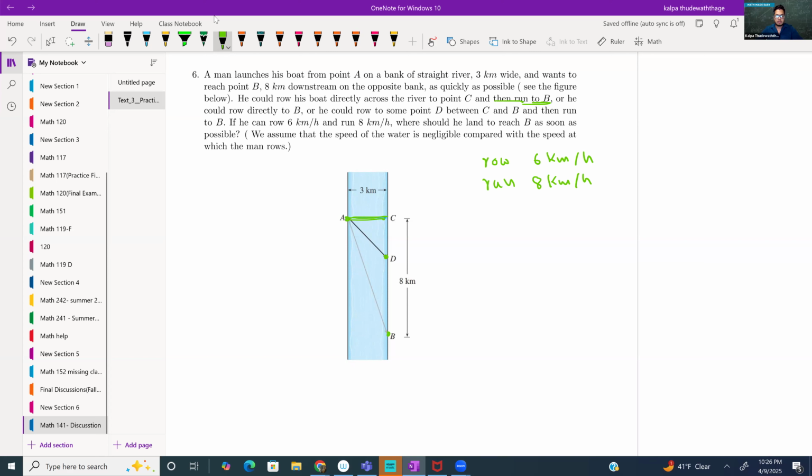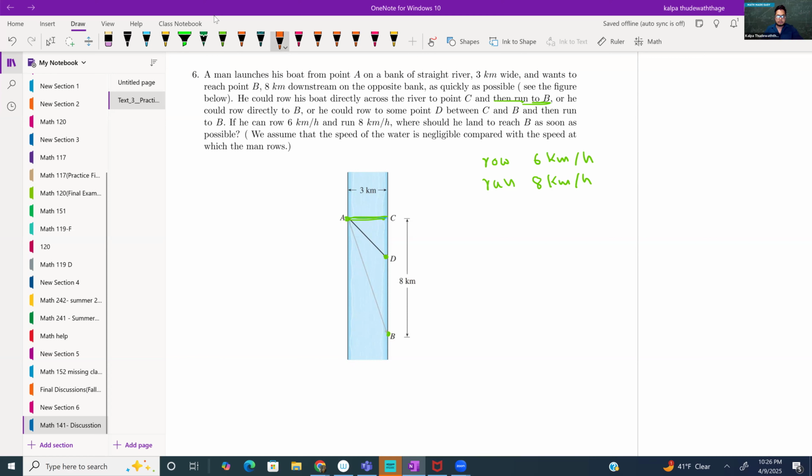Or if it is possible, he can directly row from A to B. If that is the case, he can minimize the time. So basically, you need to find the time taken for each of these options and find out what is the minimum situation.